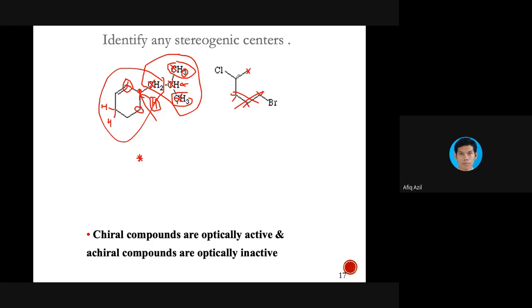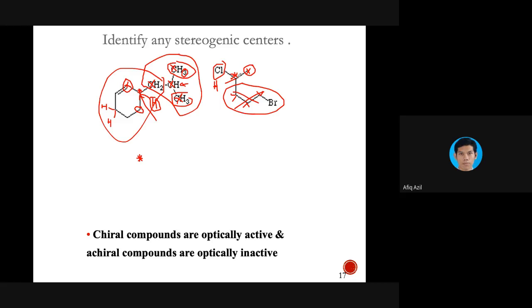Then how about this carbon? You have chlorine, you have CH3, and then don't forget it is also bonded to one hydrogen, which in skeletal structure is not shown. Then what is the other group? Which is this one. So four different groups, so this would be your chiral center.